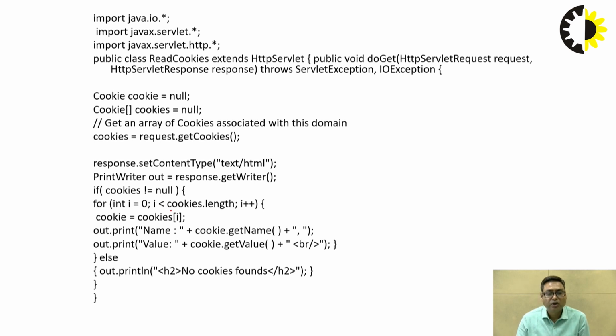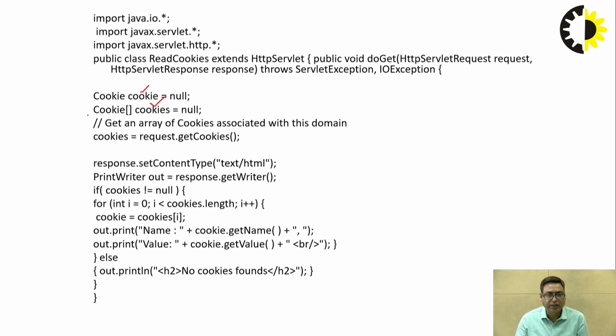Now for reading the cookies, first of all, we are creating two variables. One is a simple object, cookie, of type Cookie. Second, we are creating an array of cookies, because there may be more than one cookie. So it is better to get all the cookies from the client system, and then we analyze them one by one.